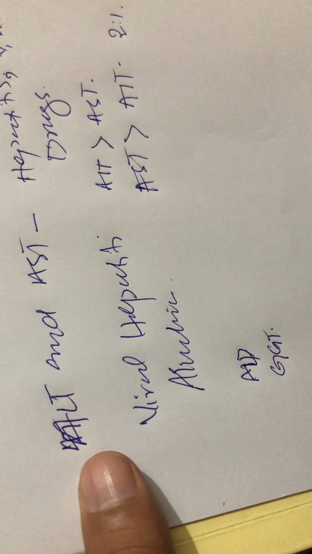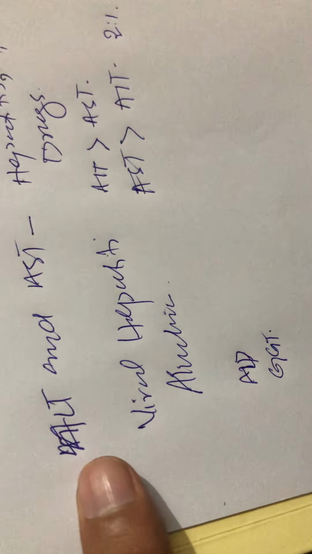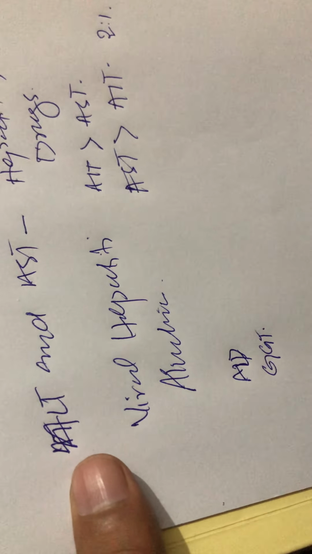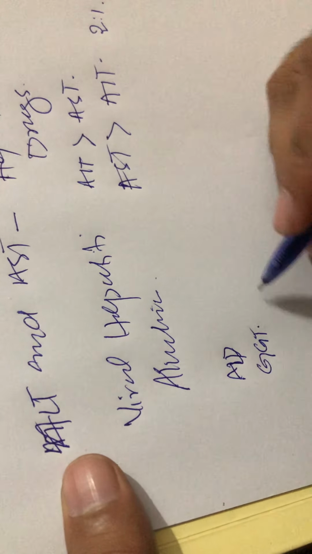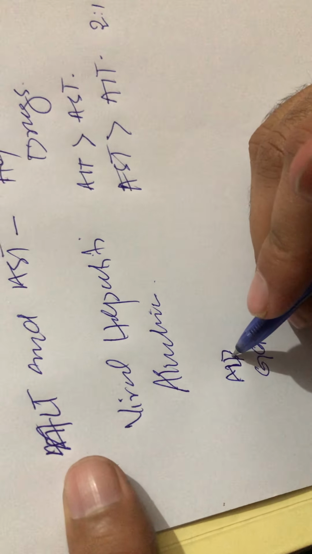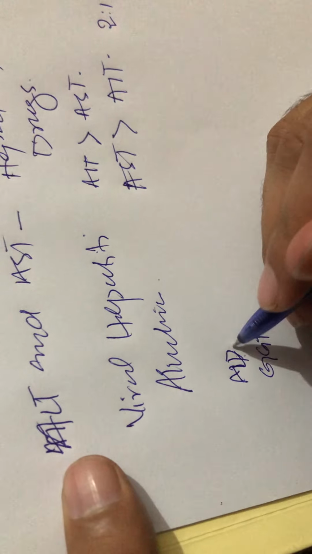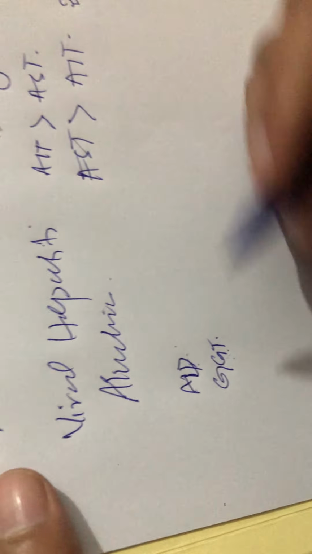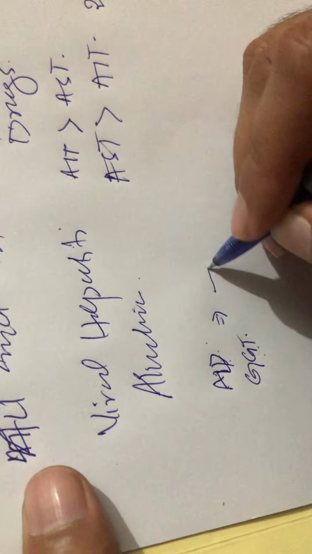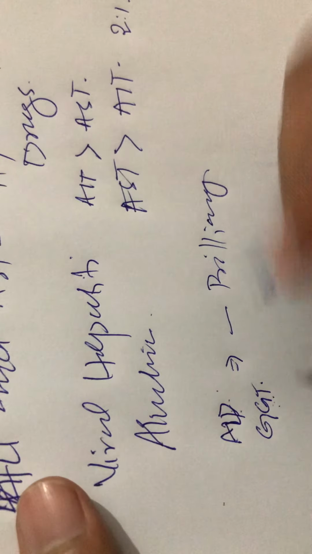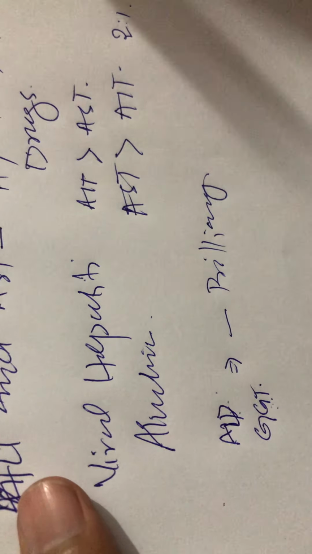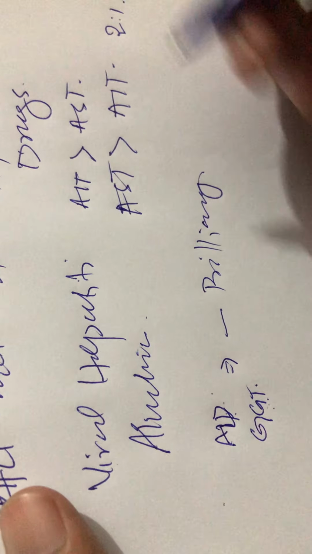We have to rule out bone, placenta, and small gut pathologies. So when ALP is raised, we have to look for GGT as well. When ALP as well as GGT is raised, it means there is some pathology in the biliary tree, while isolated ALP rise may occur in the other pathologies which I just told about.